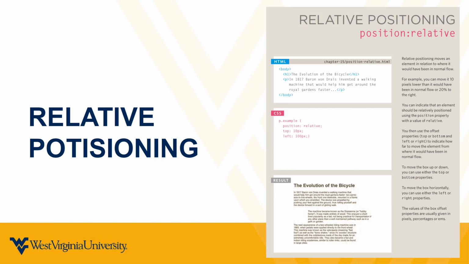The first paragraph and the third paragraph just use a normal paragraph tag. The second paragraph in the middle uses that class example, defined as top 10 pixels and left 100 pixels. So it's moving relatively inside the container.